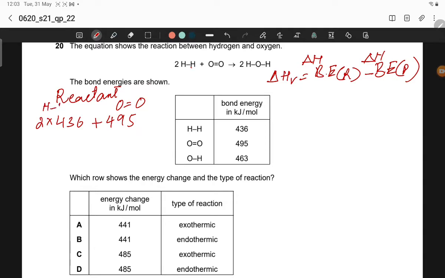And product side we have 2 H-O-H, so 2 into H-O-H. So it must be 4.